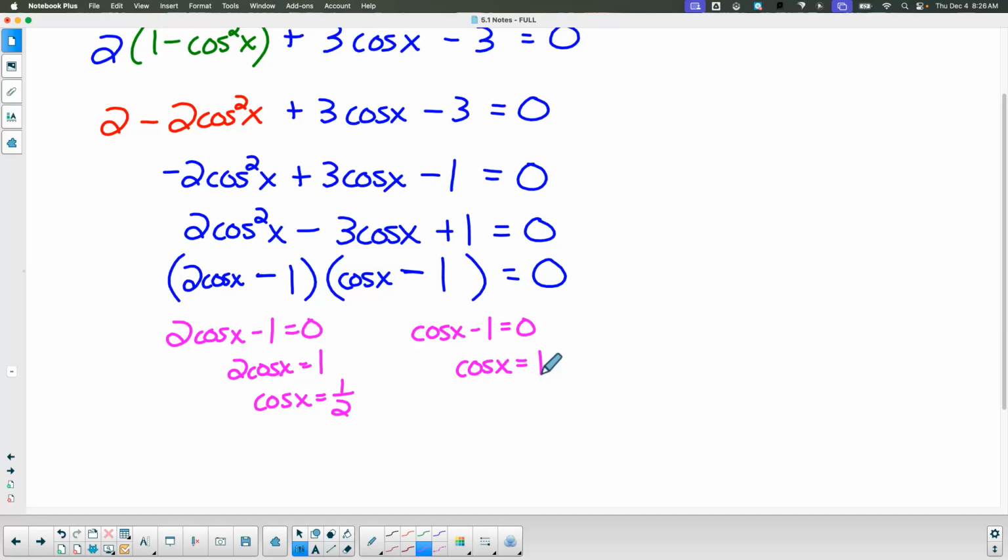Where is cosine 1/2? Pi over 3? 5 pi over 3? Where is cosine positive 1? 0. So I would say here 0, pi over 3, 5 pi over 3.